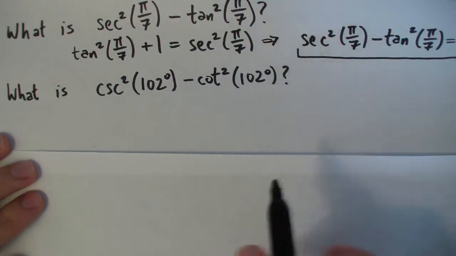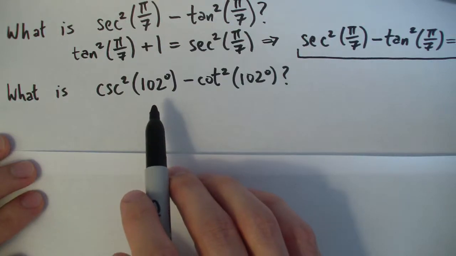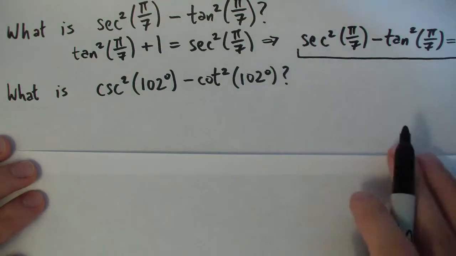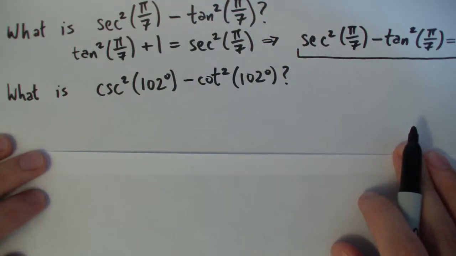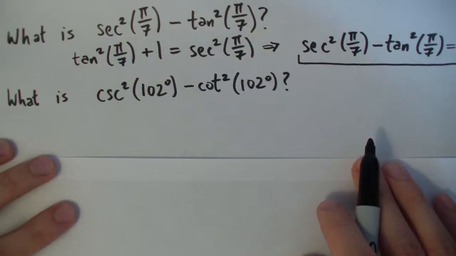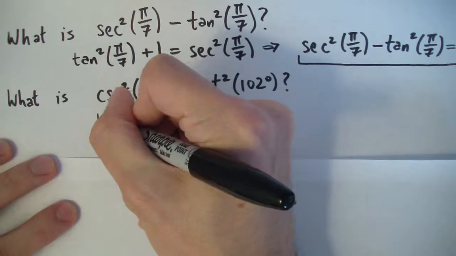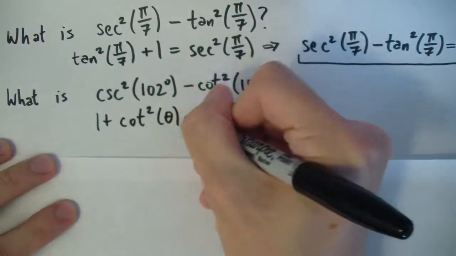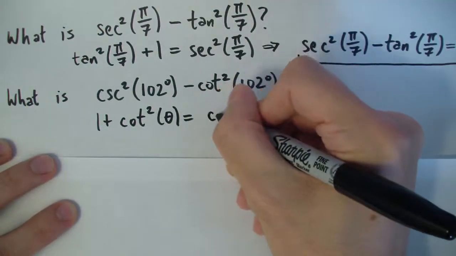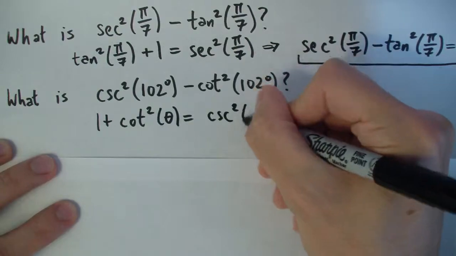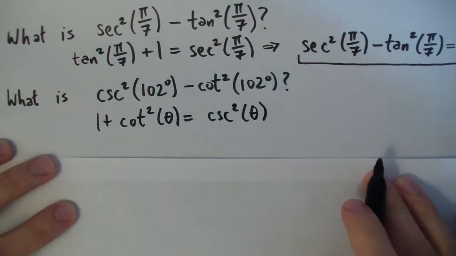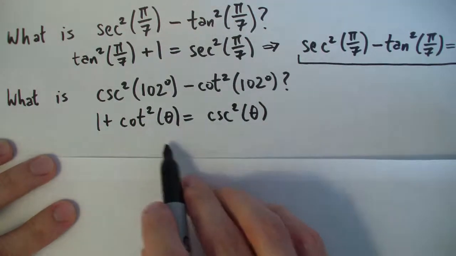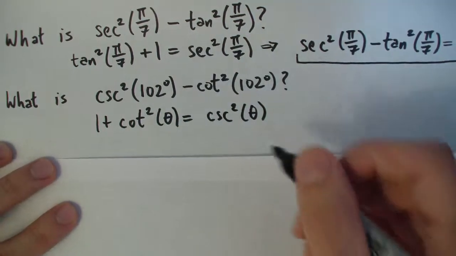Now, we're asked to find what cosecant squared of 102 degrees minus cotangent squared of 102 degrees is. And so here, we need to remember our other identity, which is that 1 plus cotangent squared of theta, for any theta, is equal to cosecant squared of theta. If we rearrange this a little bit, we subtract cotangent squared from both sides.